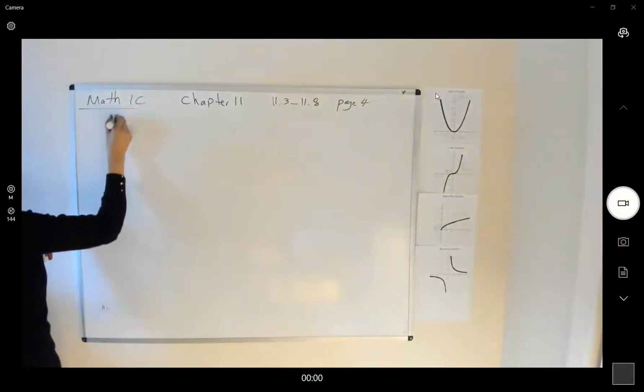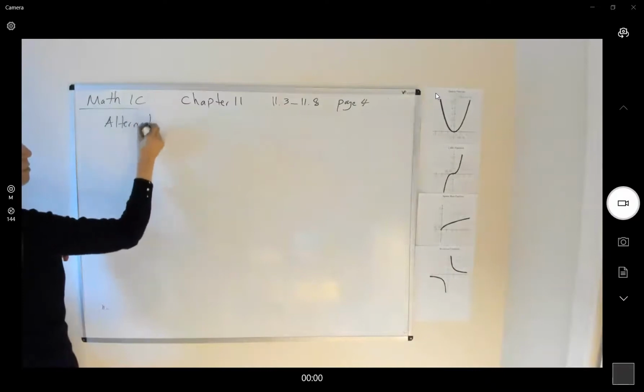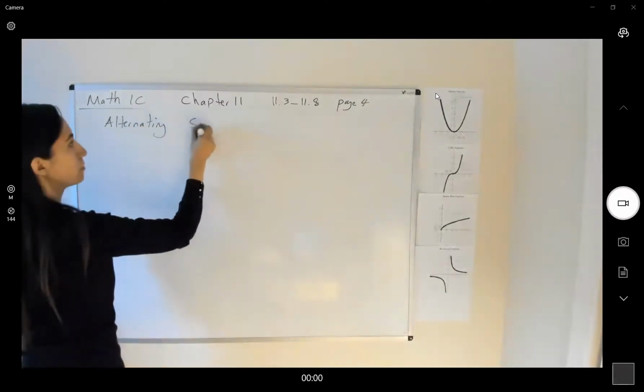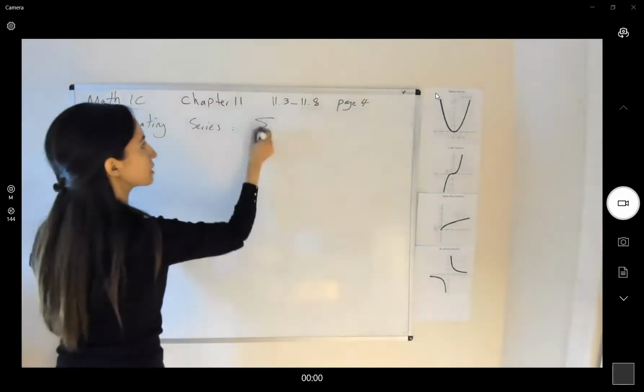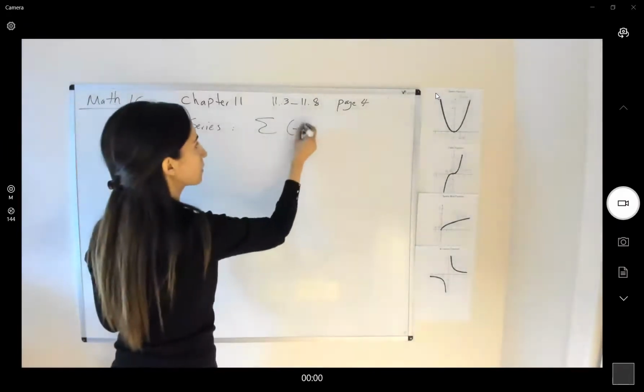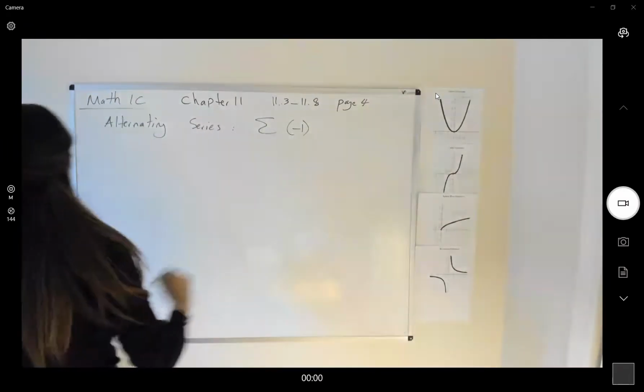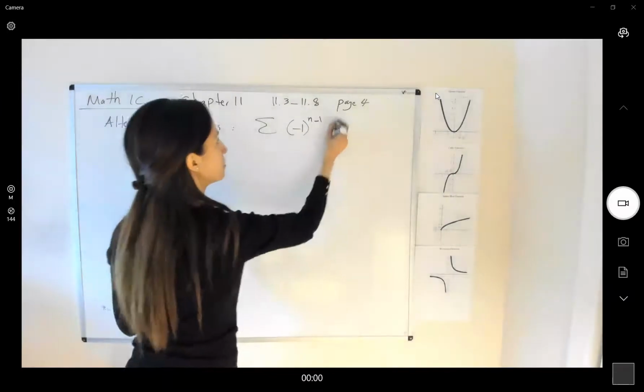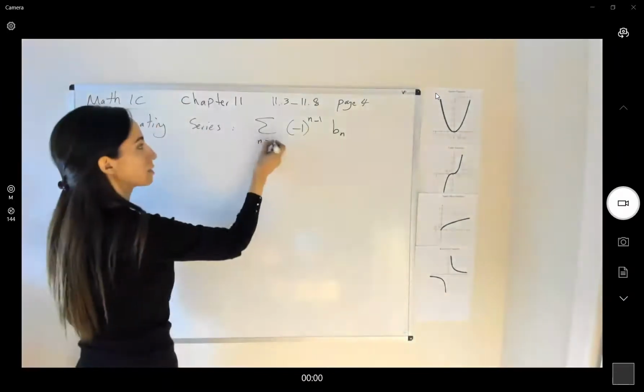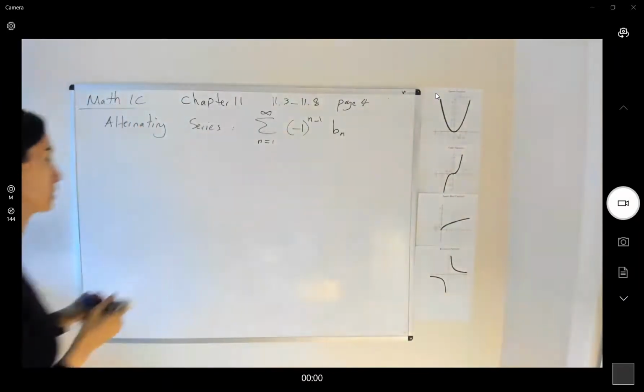Alternating series is defined this way. Series of (-1)^(n-1) times bn, n from 1 to infinity.